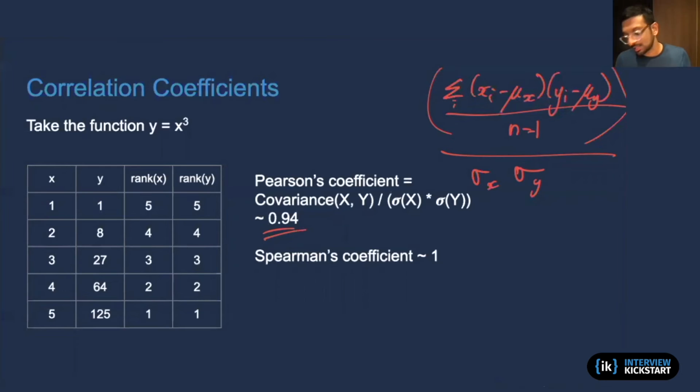And as we mentioned in the previous slide, the Spearman's coefficient is just going to be 1 because the rank of x and y is exactly the same.